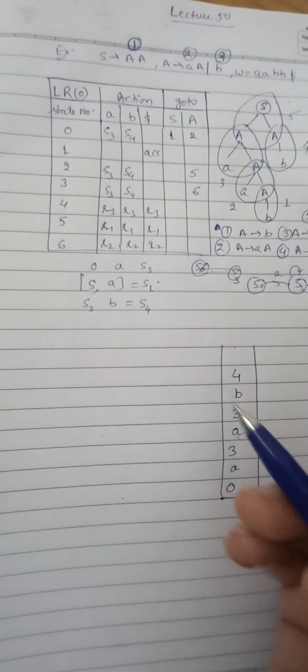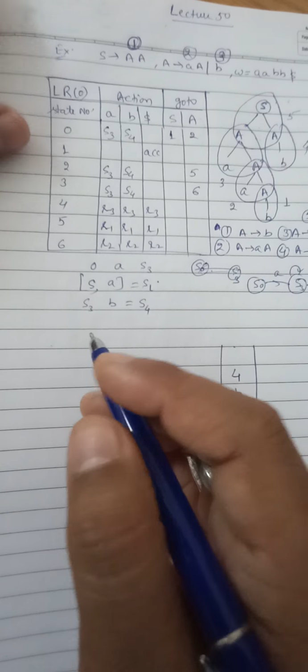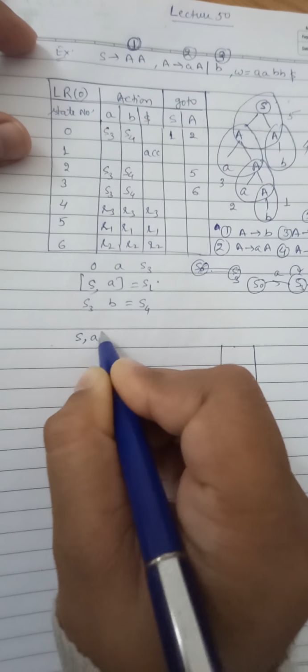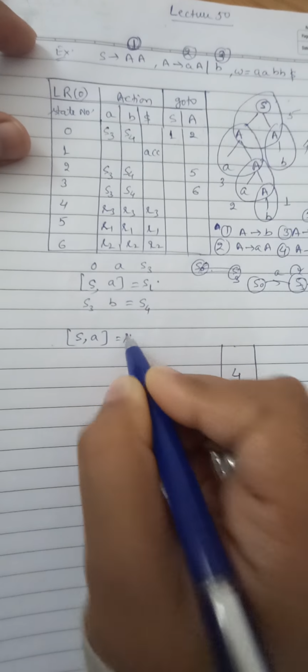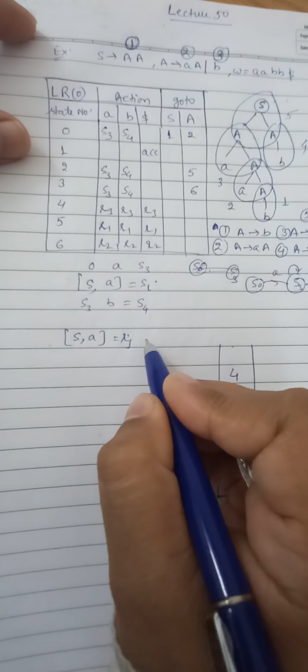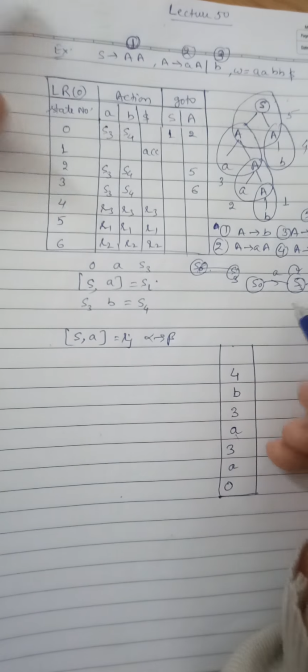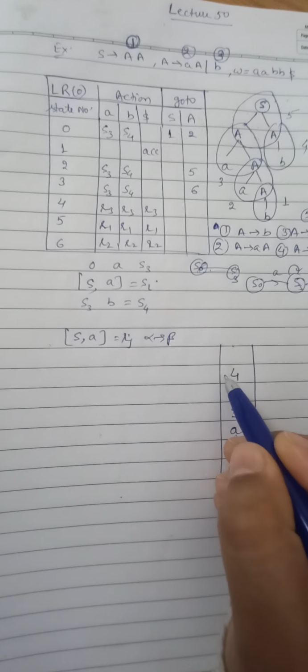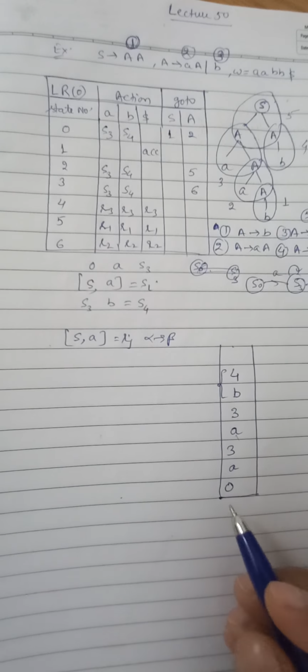These are the first rule, and the second rule is reduction. Reduction we can say is S comma A, R J rule, when alpha tends to beta, like A tends to B.